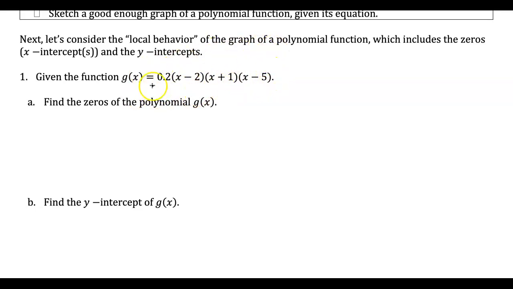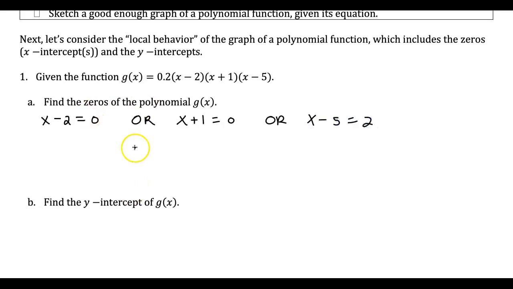because you can see right away we can find the zeros. What will make this 0? Well, we know what will make it 0 is when x minus 2 is 0, right? Or when x plus 1 is 0, or when x minus 5 is 0.